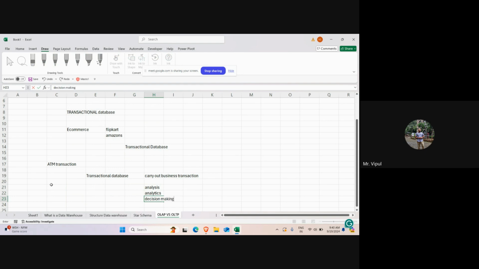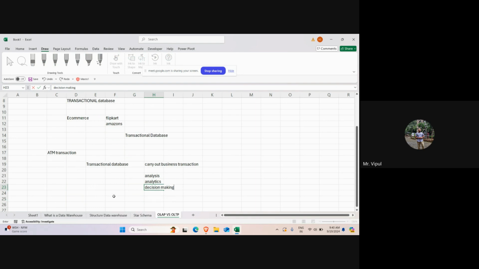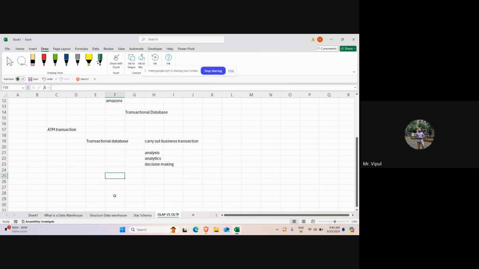So we can distinguish both of them from multiple dimensions. Let us try to distinguish it from the user's perspective.